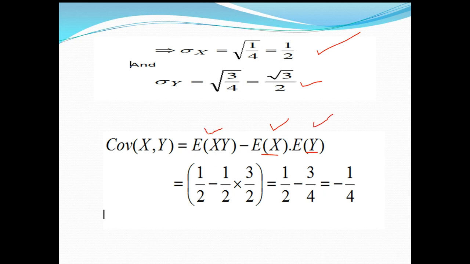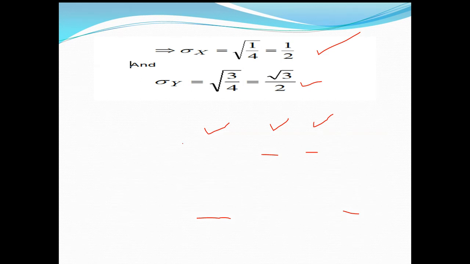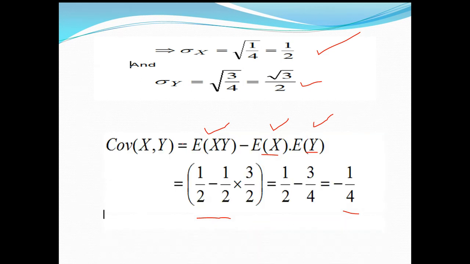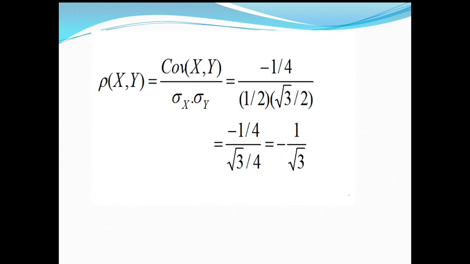This is expectation of xy, which we got in the previous calculation. Substituting, we get covariance of xy is equal to minus 1 by 4. E of xy is 1 by 2, and E of x is 1 by 2, E of y is 3 by 2, so that is 1 by 2 into 3 by 2, 1 into 3 it is 3, 2 into 2 is 4, so 1 by 2 minus 3 by 4, that is equal to minus 1 by 4.